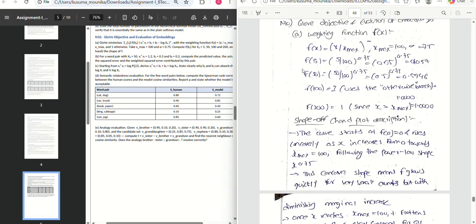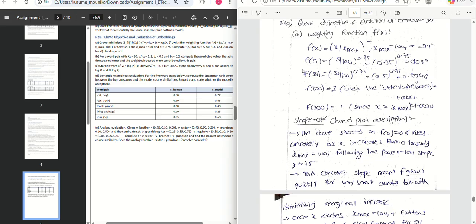With x max equal to 100 and alpha 0.7, computing f of 5 gives 0.0505 and so on, giving 0.31057. So 50 would result in 0.59, and f of 100 would result in 1. For any x greater than x max, f would be equal to 1.